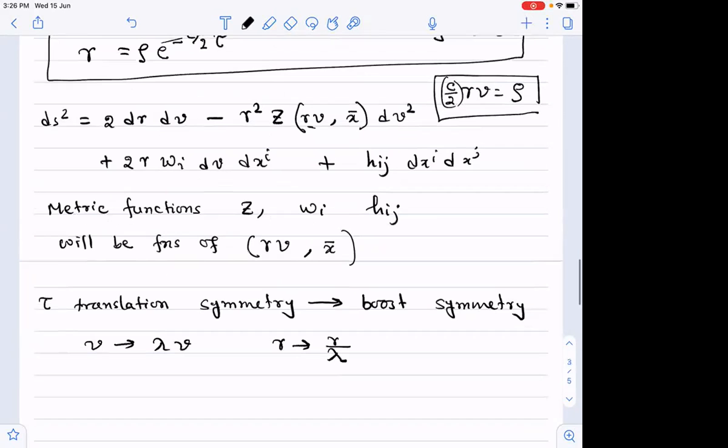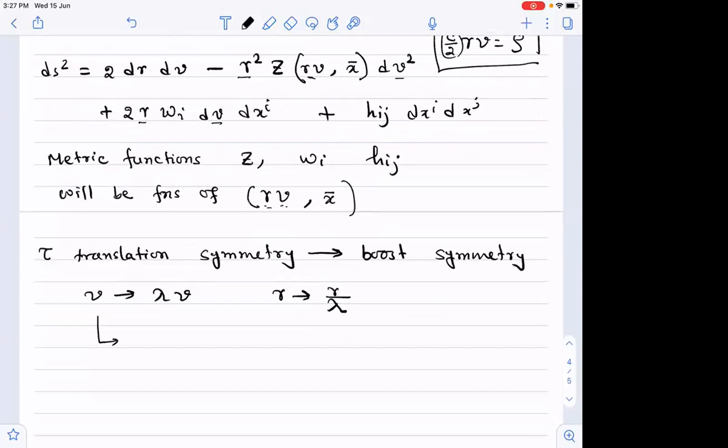Under this transformation the metric is invariant, because it is a function of R times V, which doesn't change. Everywhere there is a dV, there is an explicit R, so the metric remains invariant, as it should be, because this is basically the tau transformation.